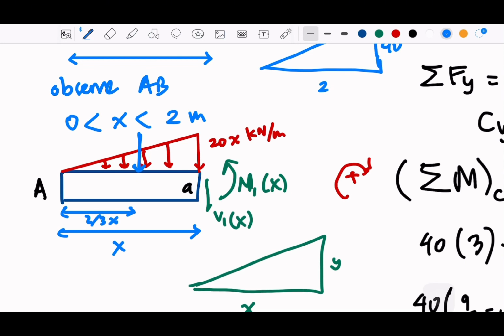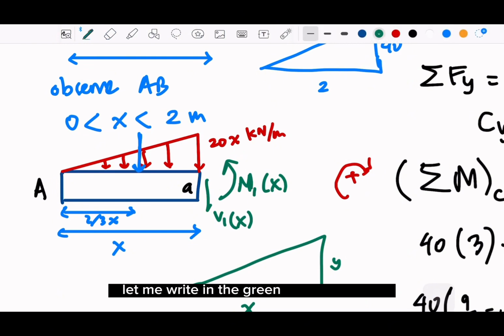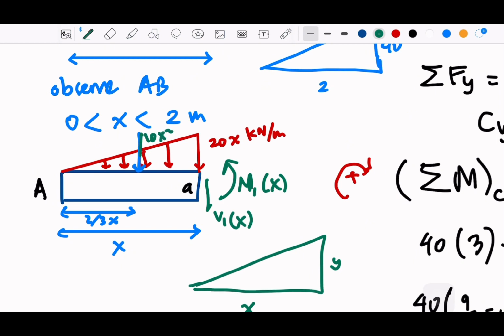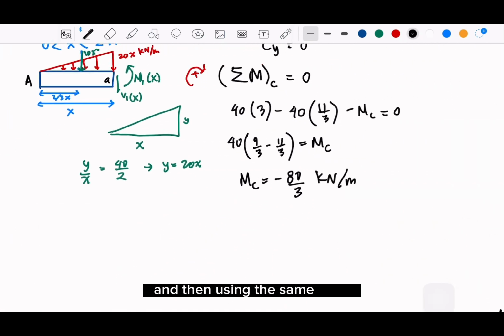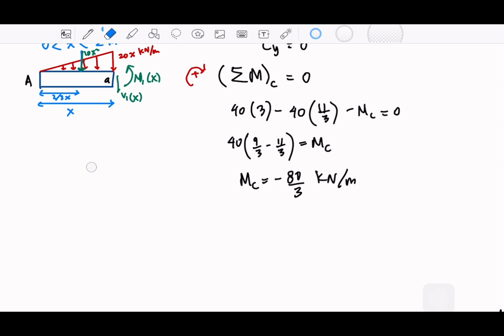And this will be 20 by x and then divided by 2, so 10x times x, which is 10x squared. Let me write it in green, 10x squared. And then using the same statics, let me just erase this part here.